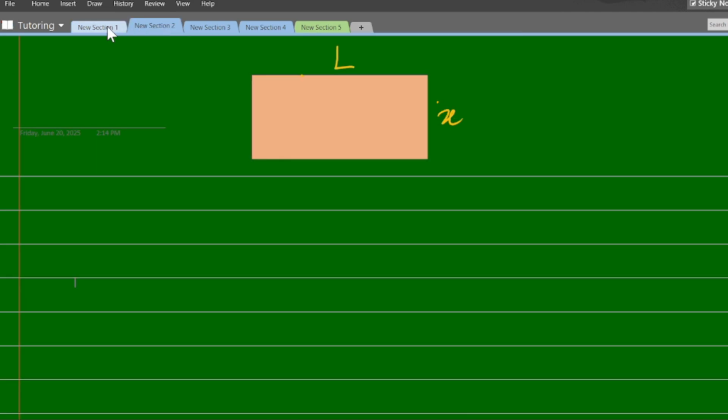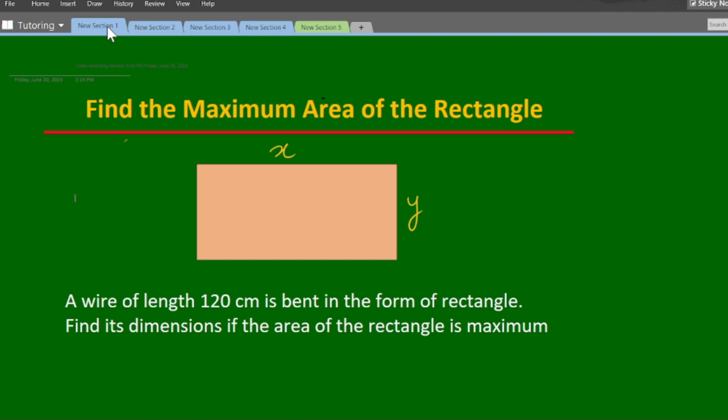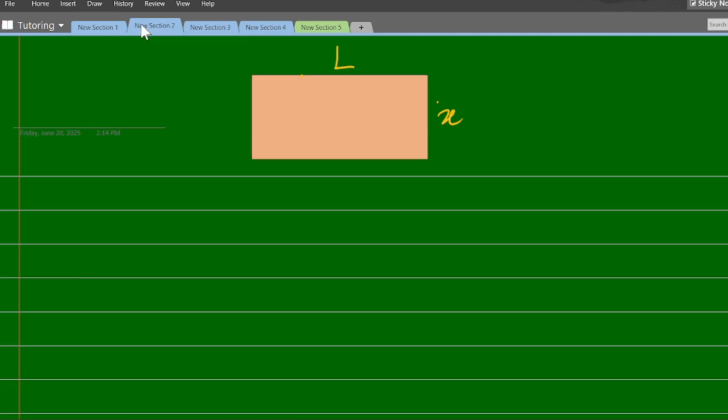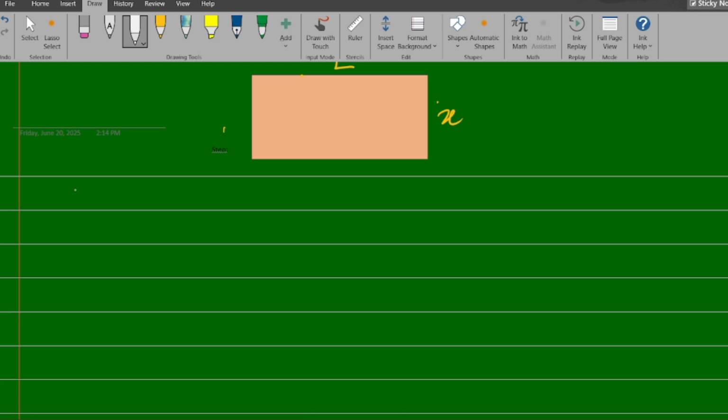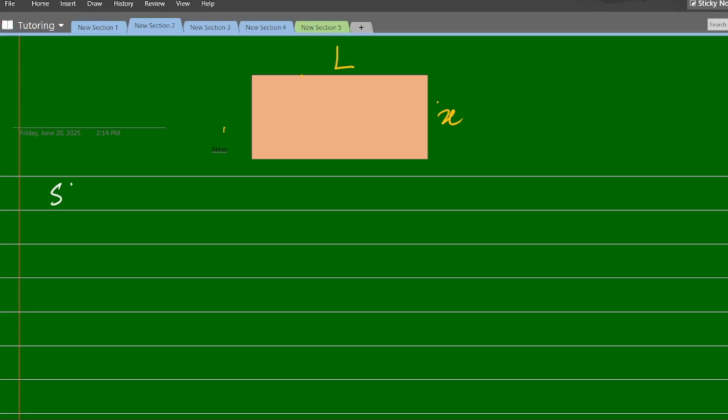So it says the perimeter is 120 centimeter. So that means, let me write the first equation, step 1. The perimeter of the rectangle, as we know, will be 2 times L, which is the length, plus X, which is the breadth here.